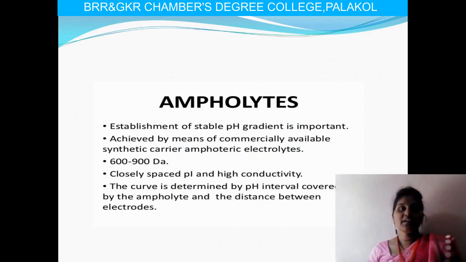These are pH gradients that establish the pH for the molecules which are going to be separated. Here we use 600 to 900 Daltons, which are closely spaced ionic charges with high conductivity. The curve is determined by the pH and interval covered by the ampholytes and the distance between the electrolytes.